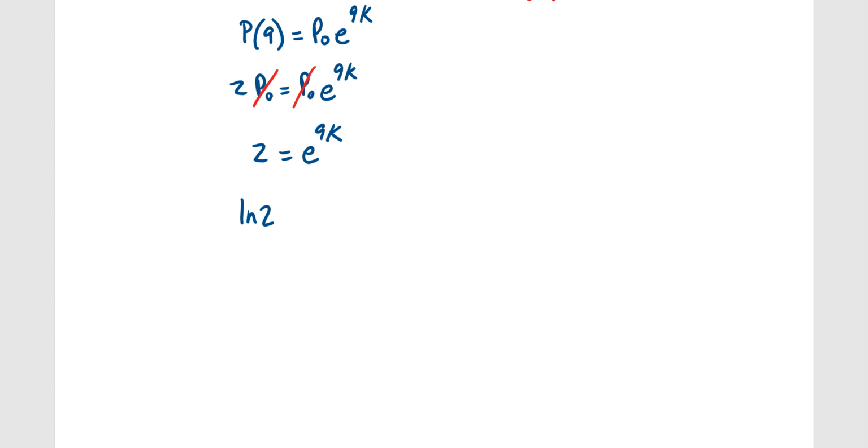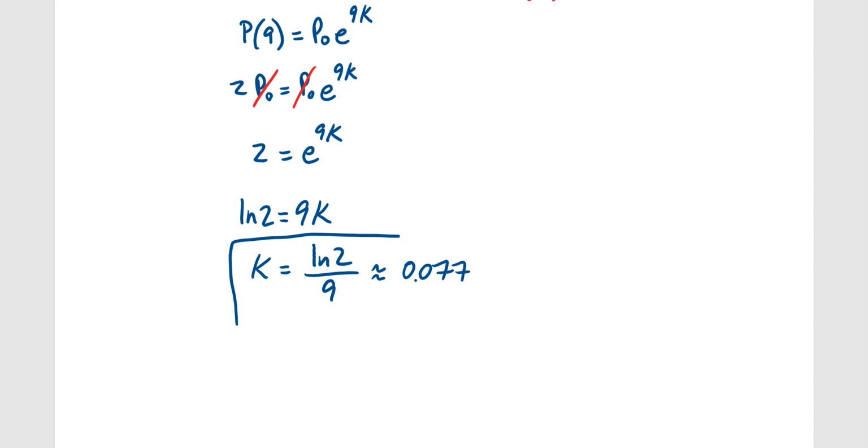Take the ln of both sides, get ln of 2 equals 9k, divide both sides by 9, ln of 2 divided by 9, and we get about 0.077 as our growth rate. And all this said was find k, so there is our k value, there is our answer.